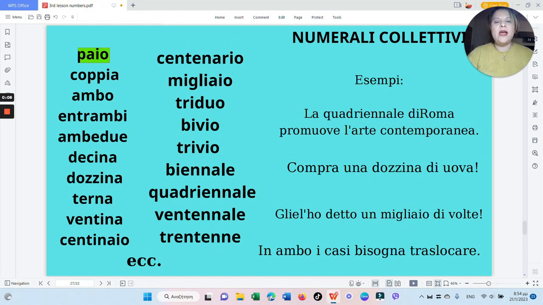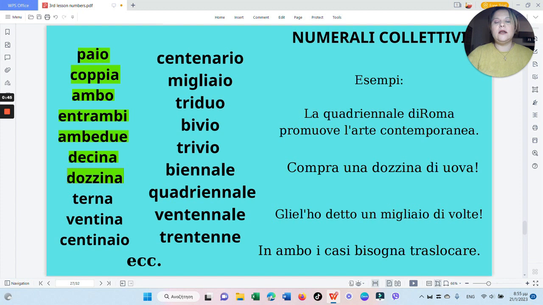Paio, pair, un paio di calzini, a pair of socks. Coppia, a couple. Now the next three words, ambo, entrambi, and ambedue, mean both. Next word is decina, roughly 10.